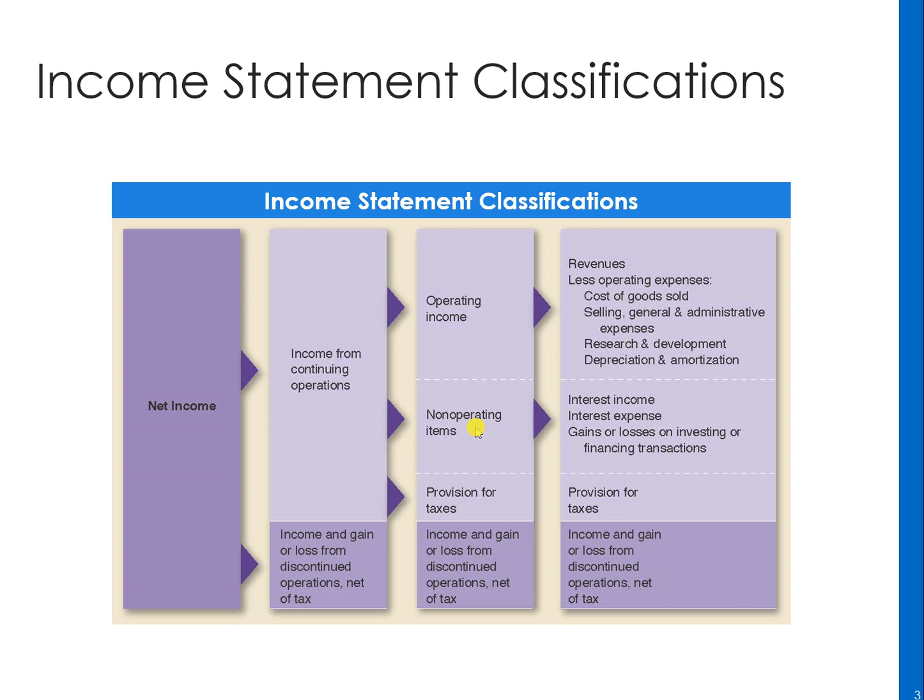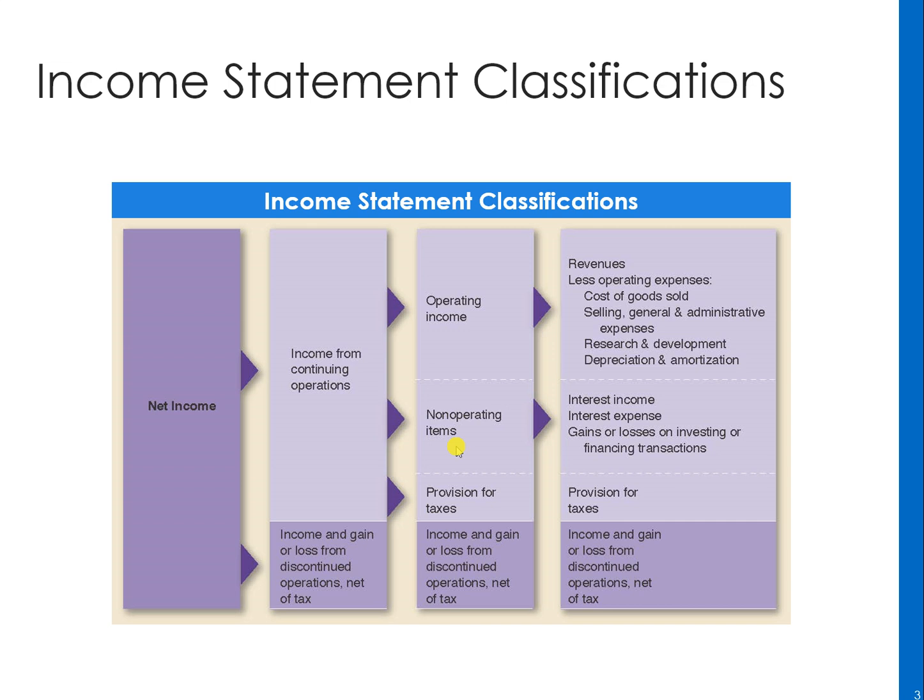Next is non-operating income, which is from non-operating activities. These are activities, for example, from the financial or investment activities of a company. These activities are separate from the daily operations.